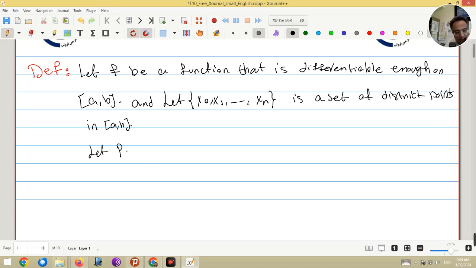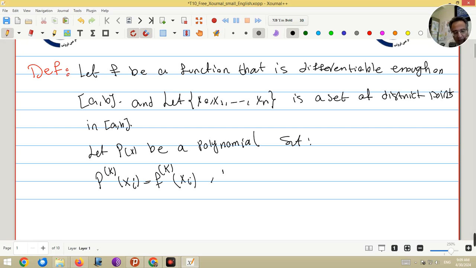Let P of x be a polynomial such that the kth derivative of p at xi is equal to the kth derivative of f at xi for k equal to 0 to mi minus 1 and i equal to 0, 1 to n.